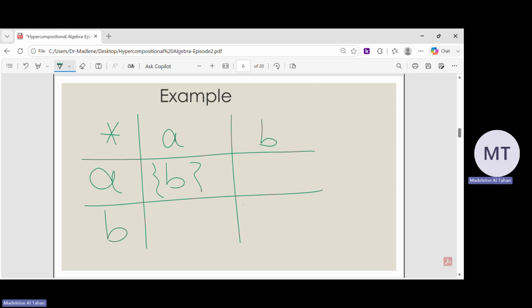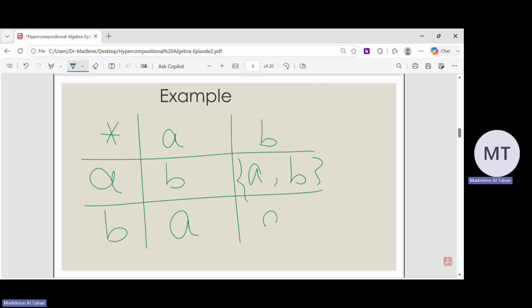Because it's a singleton, I have the right to put it as a singleton, and for simplicity, I can keep it just as b. This one I will put, let's say, ab. This one, let's say I will put a, and this one, for example, we will put also ab. So if I take here H, the set containing a and b, star is a hyperoperation on it, and (H, star) is a hypergroupoid.